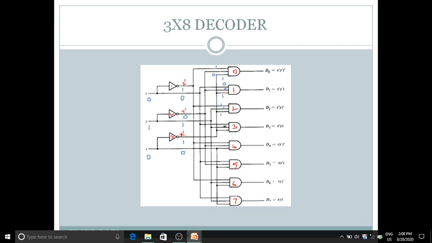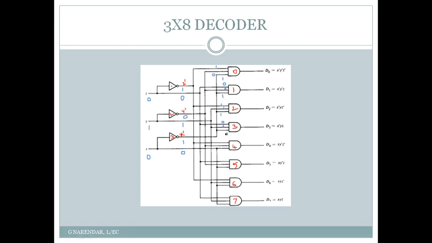And for the third AND gate, the inputs are z equal to 0, y equal to 1, and the third input x bar, which is also equal to 1.